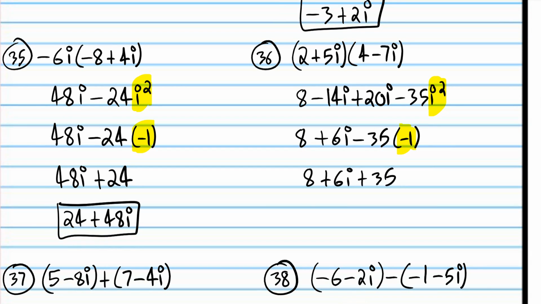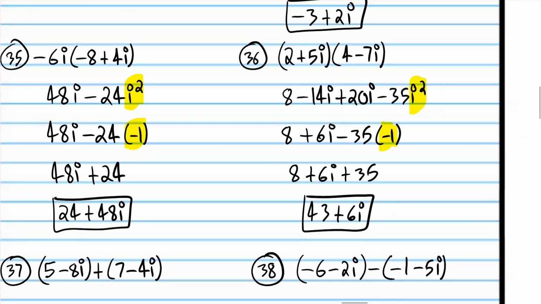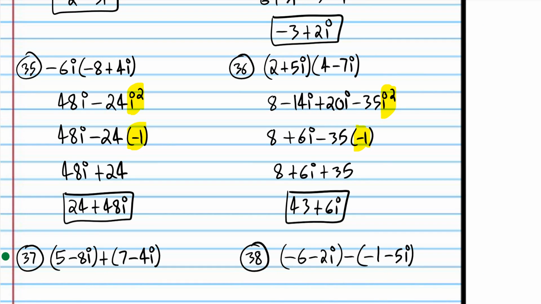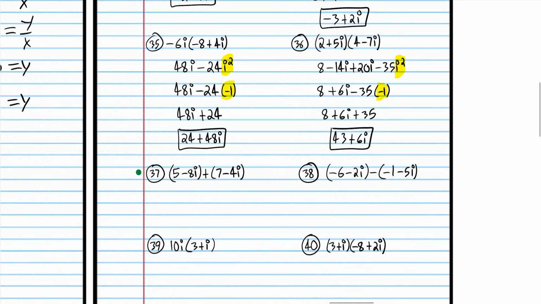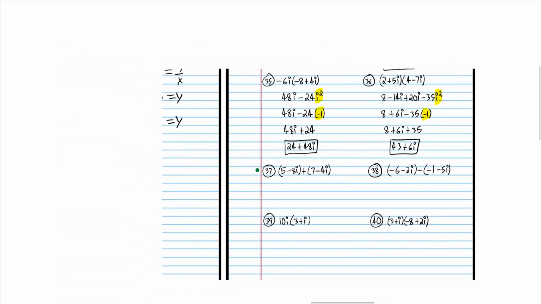So we have 43 plus 6i if we multiply those complex numbers. So let's make sure we did that correctly. Let's double check. Remember, you always have to double check. And it looks correct.